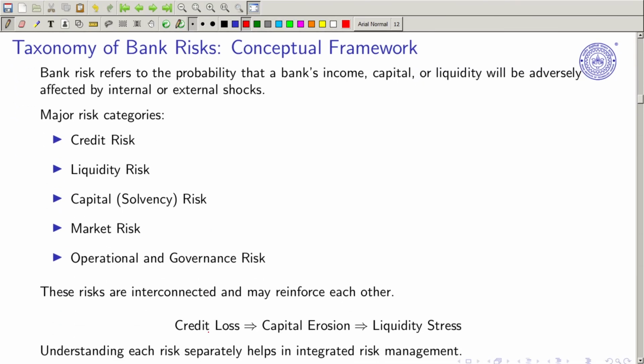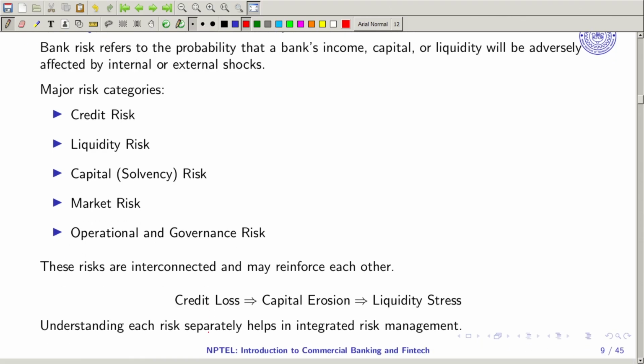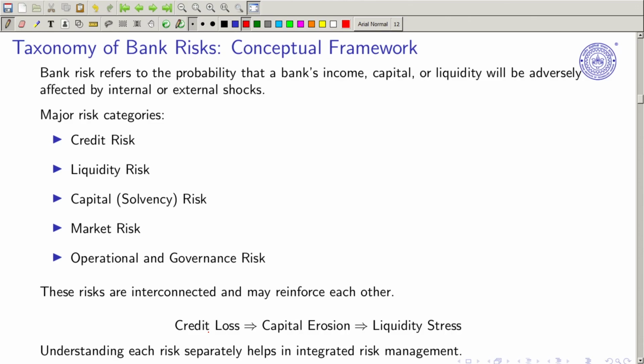So now let's go about the taxonomy of bank risk. Bank risk refers to the probability that a bank's income, capital or liquidity will be adversely affected by internal or external factors, which means that it is linked with either credit, which is linked with the loan, liquidity mismatch, solvency, which means whether it is related to the bank's insolvency, bankruptcy, market risk, which is linked with the market that we discussed, and operational.